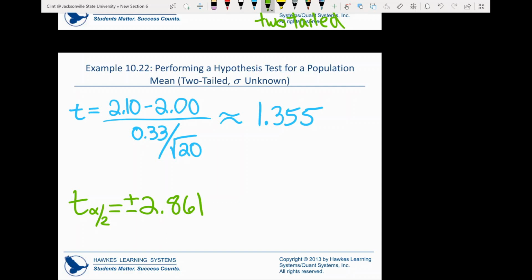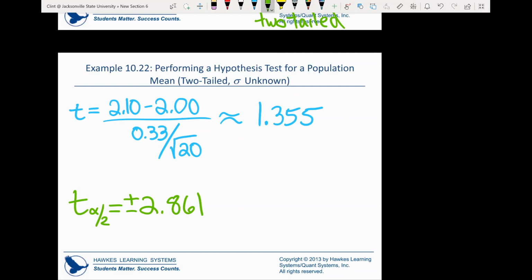If we think about the picture, since our test statistic is positive, it's over on the right side, 1.355, so that would have to be further to the right than our critical t value, 2.861. It's not. It's somewhere in the middle.